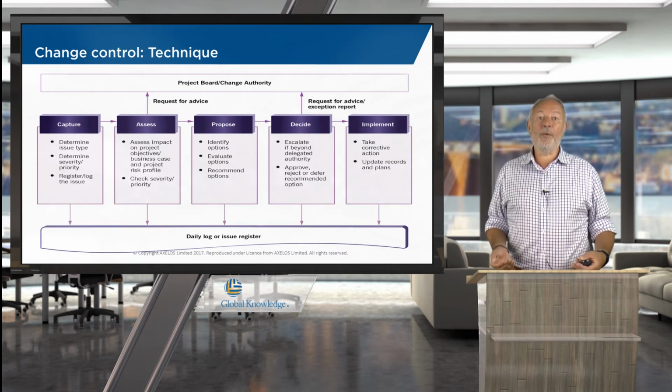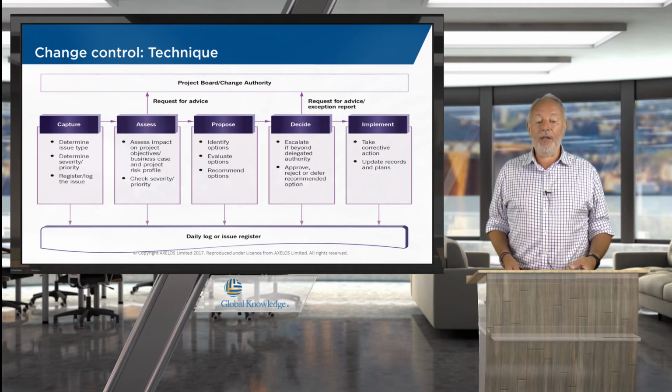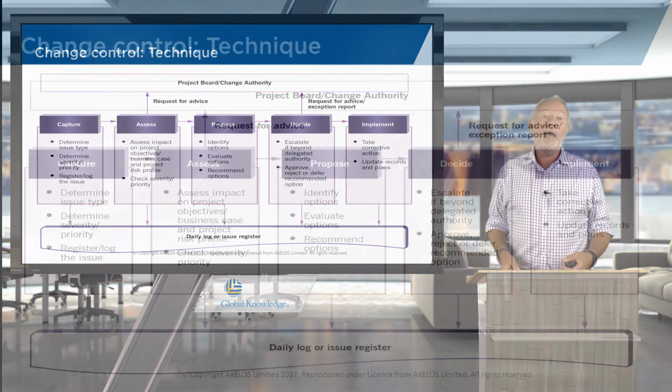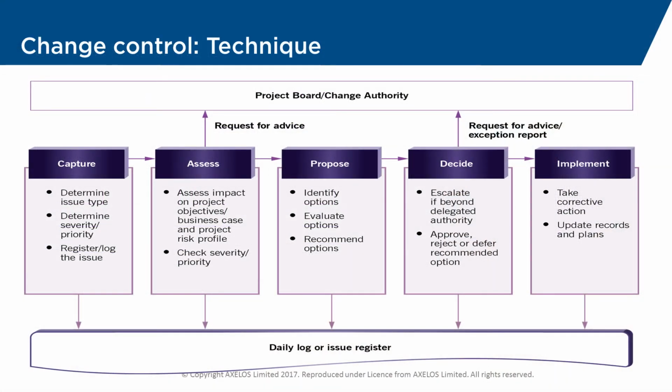We're likely to need some kind of change control technique, and here we see how PRINCE2 might go about it. We're going to need to capture our issues wherever they come from. Generally they come to you, so we have to consider what type of issue it is and how important it is, and it's going to go into either the daily log or into our issue register.